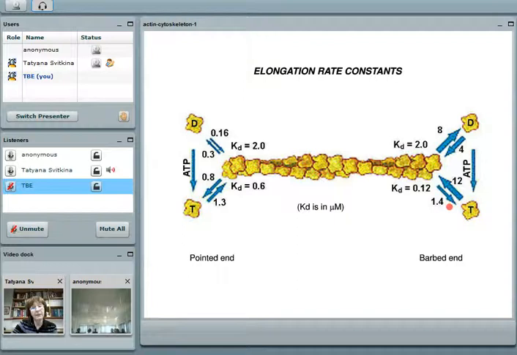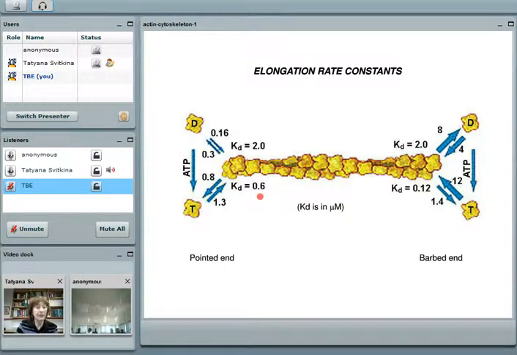Now, if we look at the dissociation rate constant, we see that also for the barbed end it is greater than for the pointed end, but not 10-fold, not that much. That's why when we calculate KD, which is the critical concentration, we see the barbed end critical concentration is about 5-fold lower than for the pointed end.